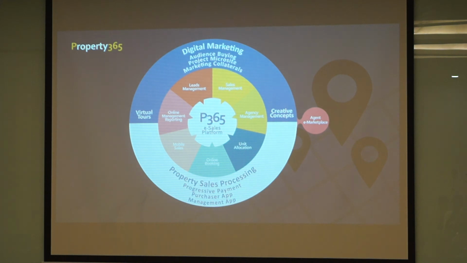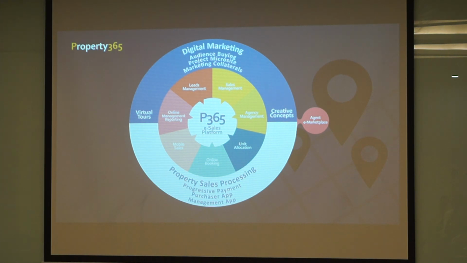This is the set of services that Property 365 can provide in terms of supporting digitally, with digital marketing. We are also trying to be an advertising agency, because we want to provide an end-to-end experience to a developer, whereby Property 365 becomes a one-stop center for the developer.